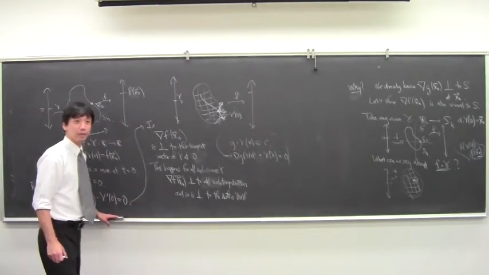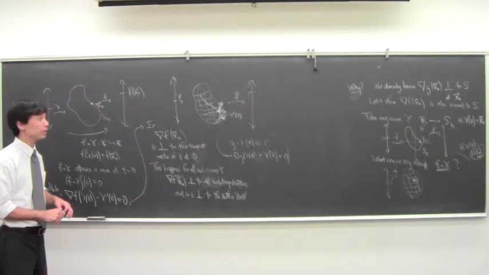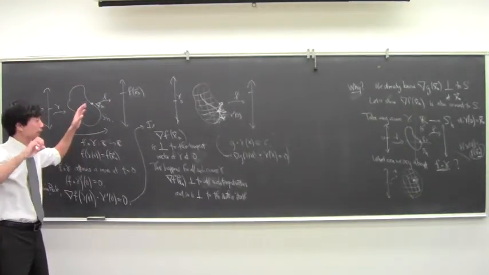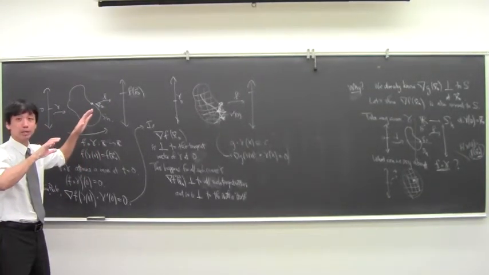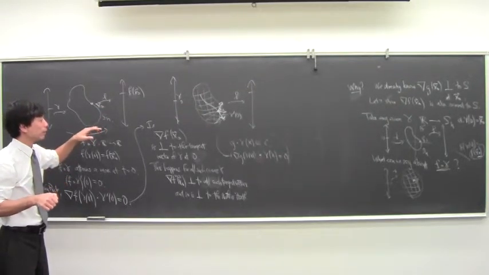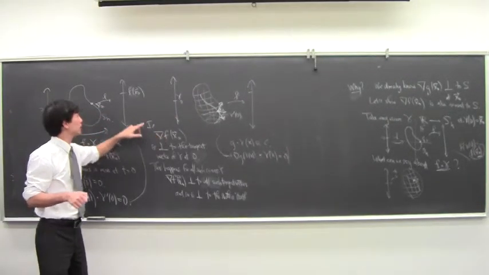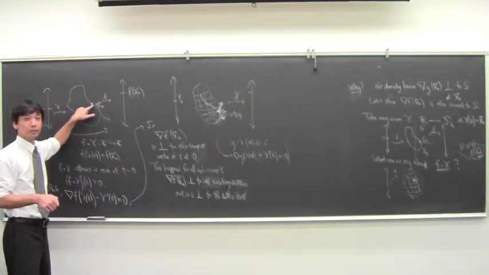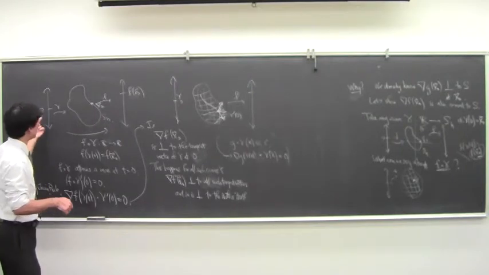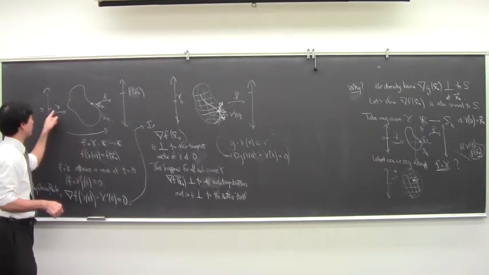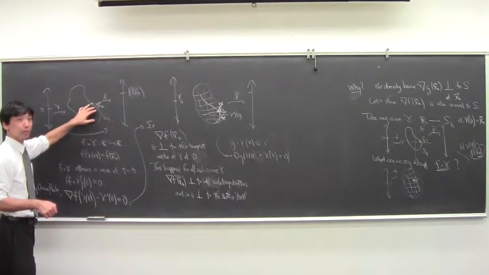Ask questions if anything seems confusing. So here's the sketch, right? We already know that the gradient of g is perpendicular to the surface at each point. We know that f attains its max at some point on the surface. And so we run a curve through there, that curve, which passes through that point at time 0.